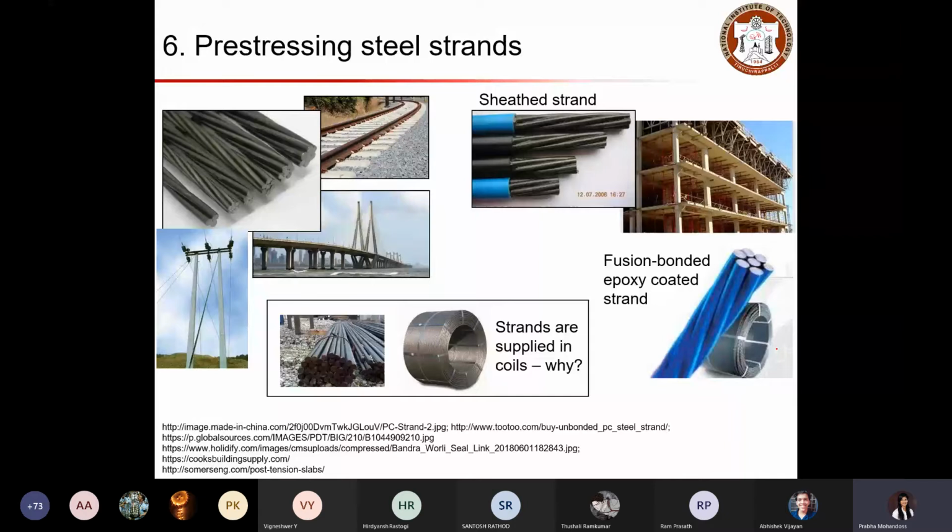So another one is pre-stressing steel strands. When we need to have high strength, we use pre-stressing steel strand. So can anyone tell how much could be the strength of pre-stressing steel strands compared to the conventional rebars?